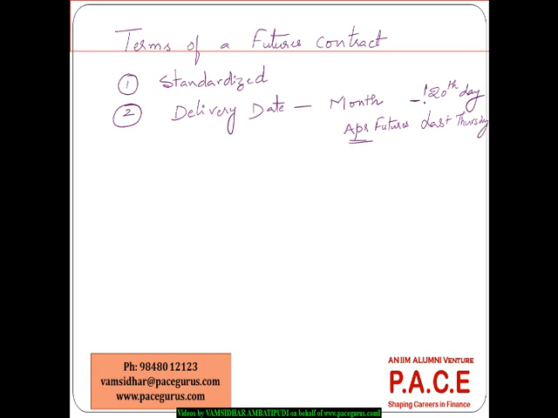So there could be differences in what is the delivery date, but generally, while defining the contract, they are defined as a delivery month, wherein the date is the same for all the contracts in that particular month. So that is one important thing associated with a futures contract.